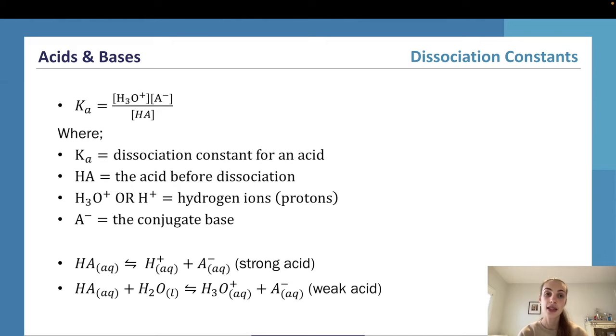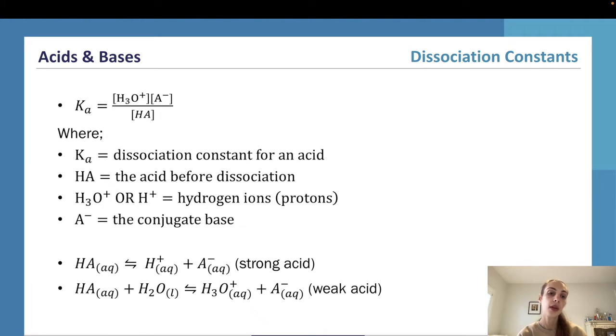So essentially it's both of our products divided by our reactant. And so in this reaction, for example, if HA dissociates into H+ and A-, we would then say that Ka is going to equal H3O+ times A- over HA.